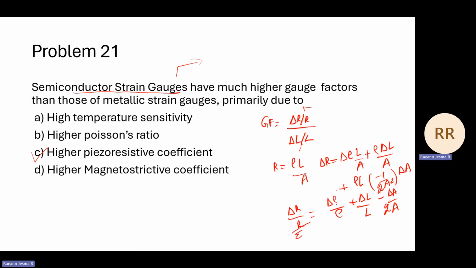However, delta rho by rho is the change in the resistivity. In the case of semiconductor materials, delta rho by rho is very much higher, whereas in metals it is very much lower. That's why metals have a lower gauge factor.